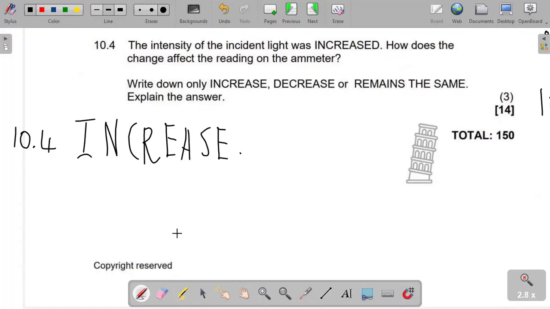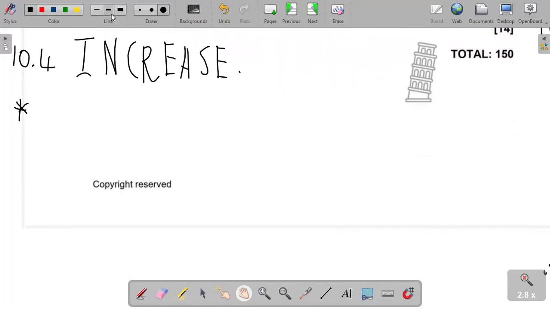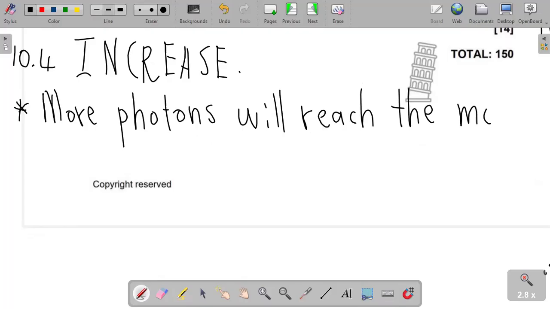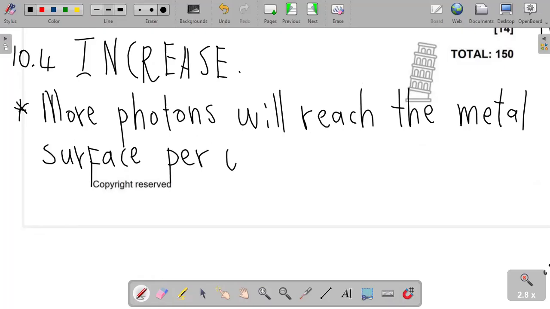So the intensity increases. So the explanation here is going to be more photons will reach the metal surface per unit time.